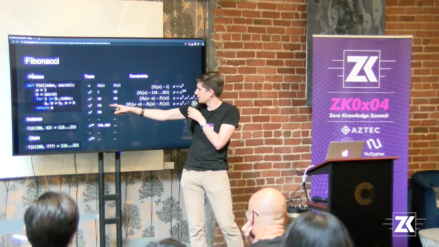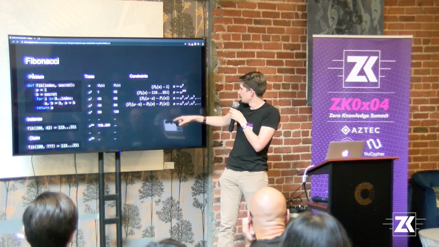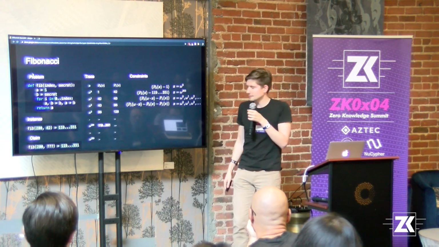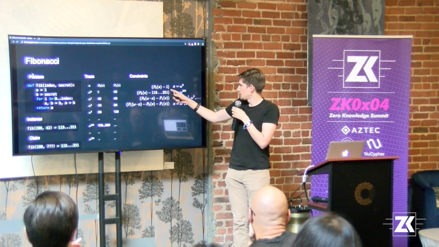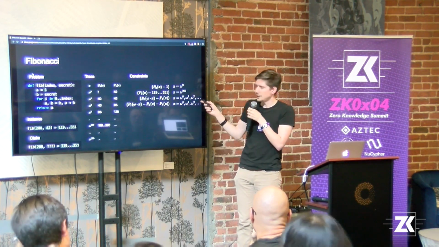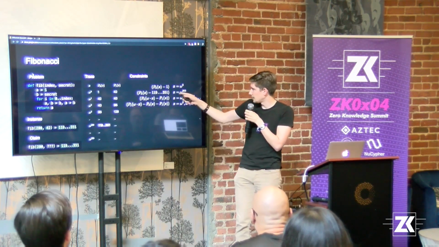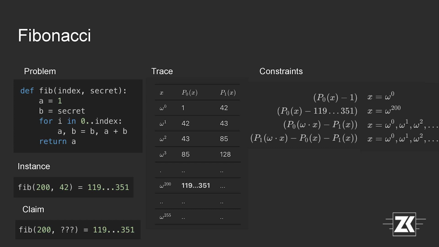It is supposed to be 0 at exactly this value of x. And these two need to evaluate to 0 at all the values in this table. In other words, this is a polynomial that can be divided by x minus omega to the power 0. And this one can be divided by x minus omega to the power 200. And this one can be divided by a little bit more complex expression, but let's show you the expression.